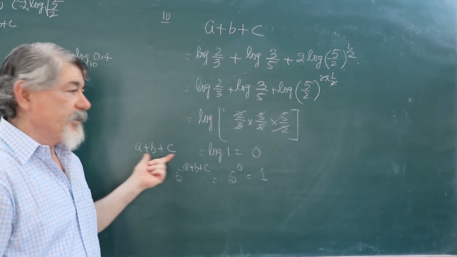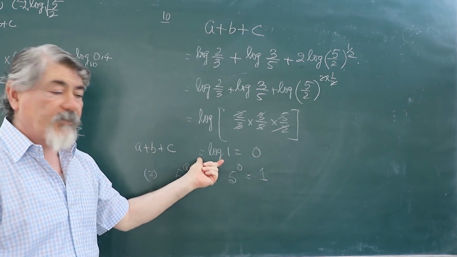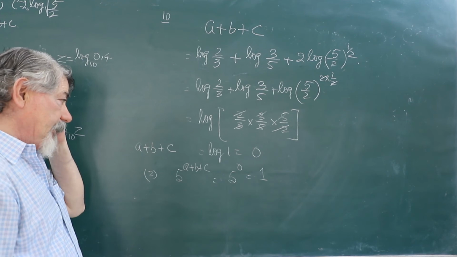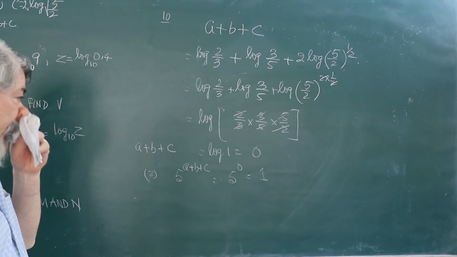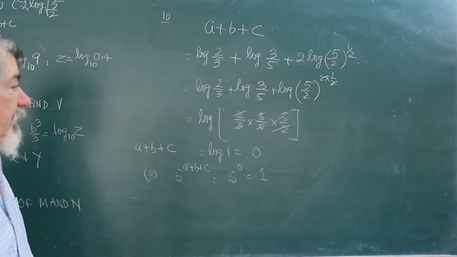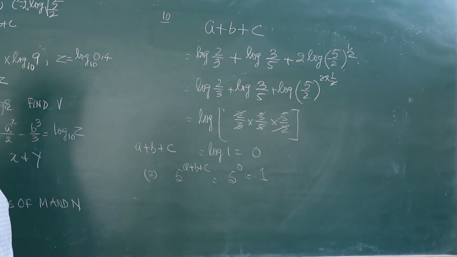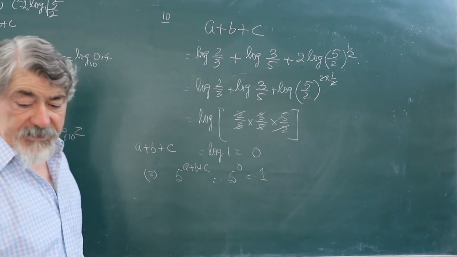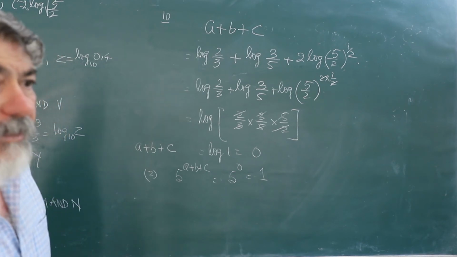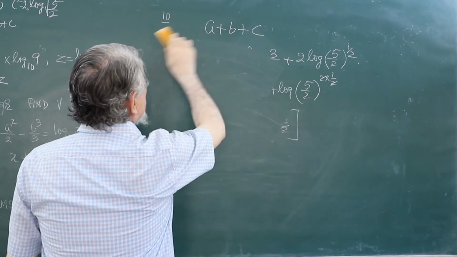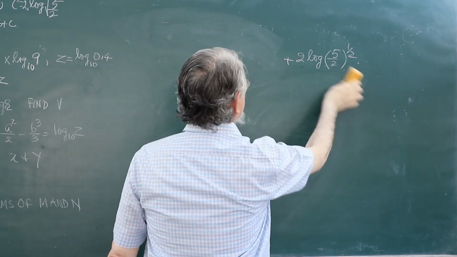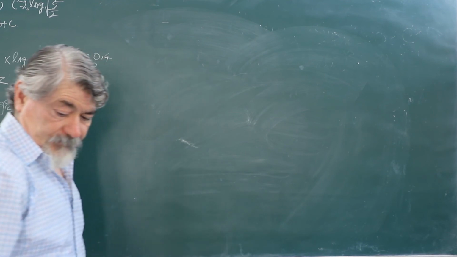A plus b plus c is 0 because it came out to be log 1, and 5 to the power a plus b plus c becomes 5 to the power 0. Any non-zero number raised to the power 0 is 1. That is the basic law in indices you've learned. Now let us see question number 11, which is almost of the same kind.